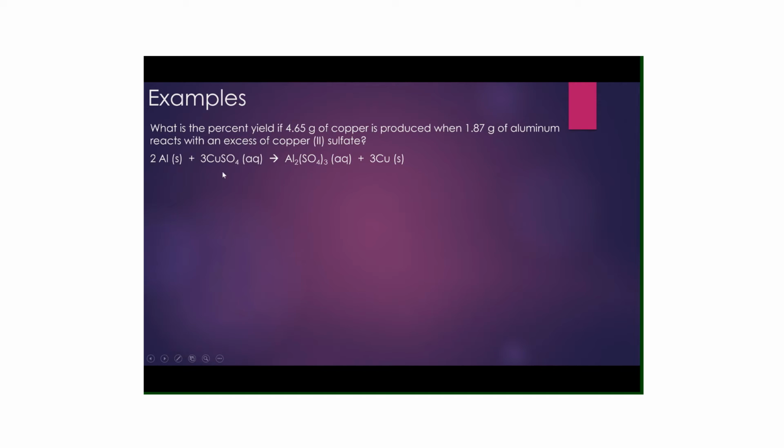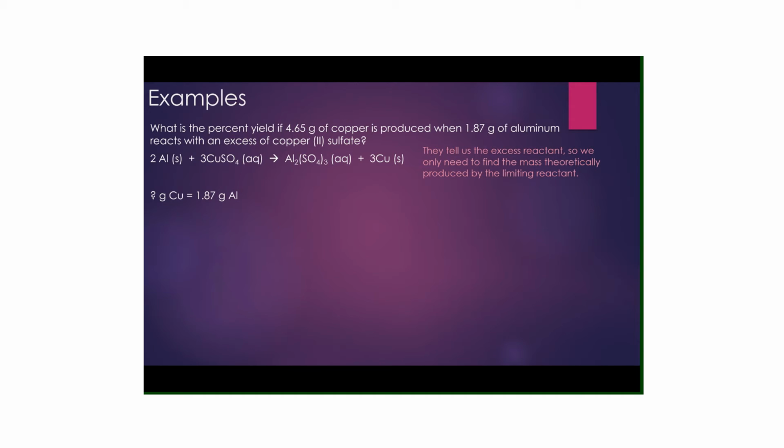Aluminum reacts with copper sulfate to produce aluminum sulfate and copper. Now luckily, they told us what the excess reactant was. They say we have an excess of copper sulfate. That must mean that our limiting reactant is aluminum. So we only have to worry about the value of that there.